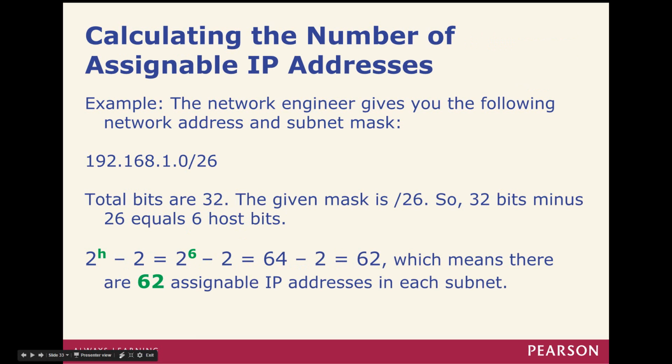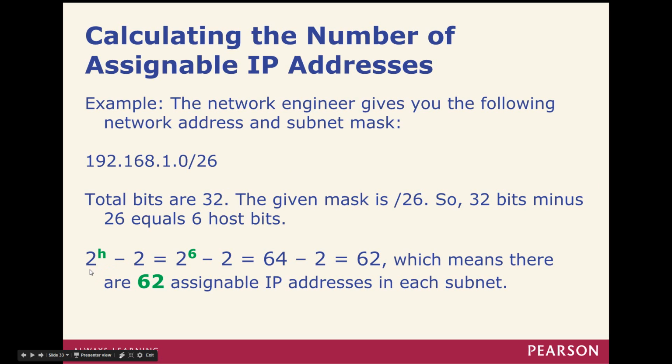When we talk about assignable IP addresses, we get the same equation here, so to speak. We have a /26. The total bits are 32. 32 minus 26 means there's 6 host bits left. So there would be 2 bits taken up right here and then 6 bits that are zeros.